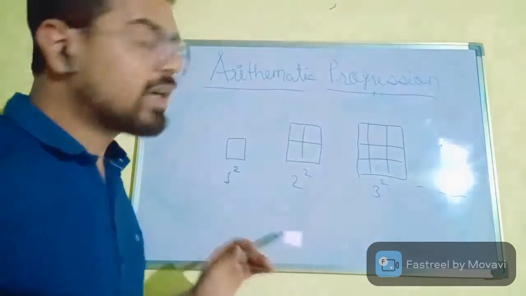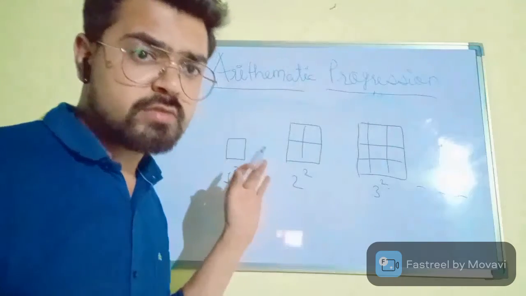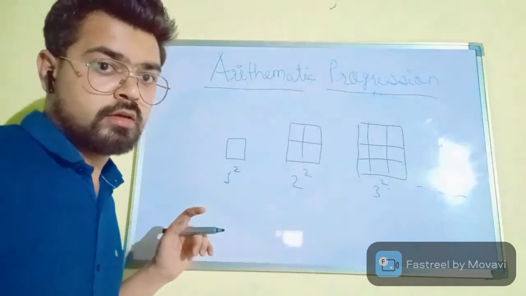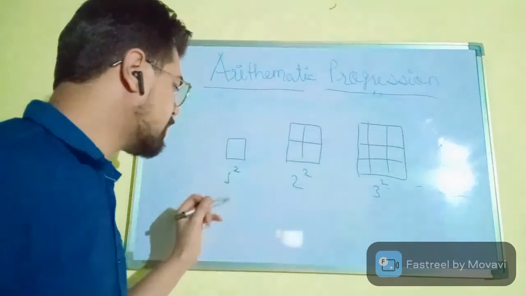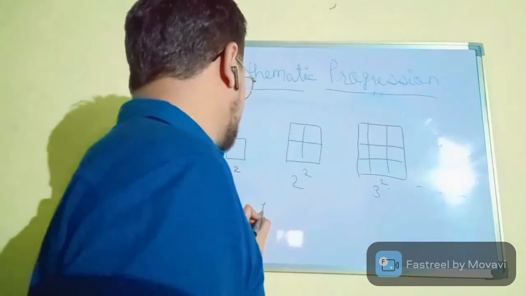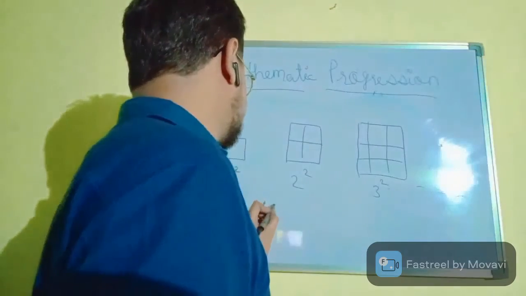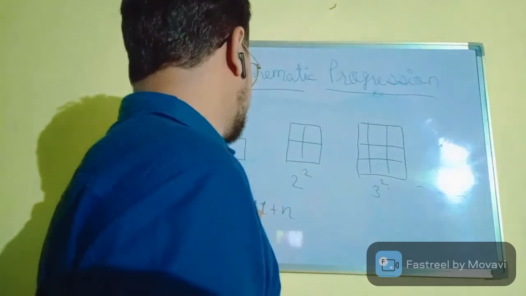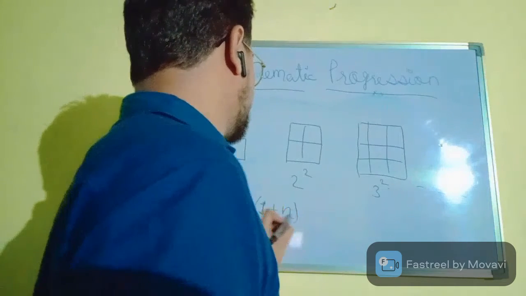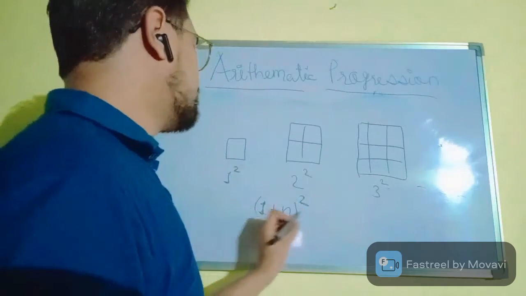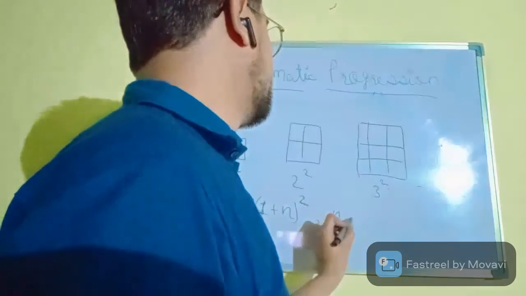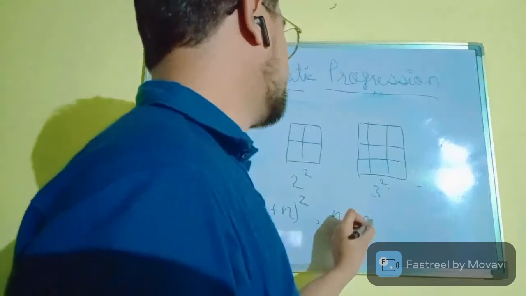Now what is the difference between the previous one and this one? Here you see that it follows a pattern like (1 plus n) to the square, where n is greater than or equal to 0.